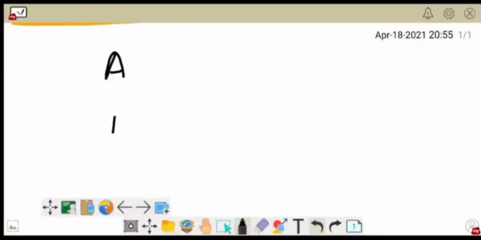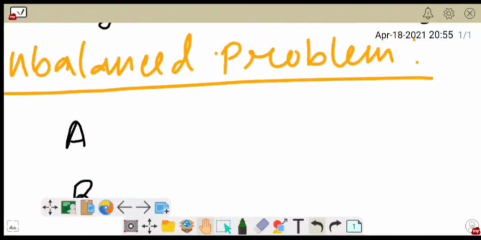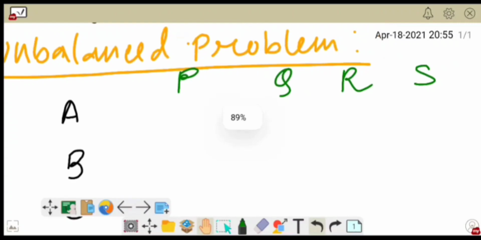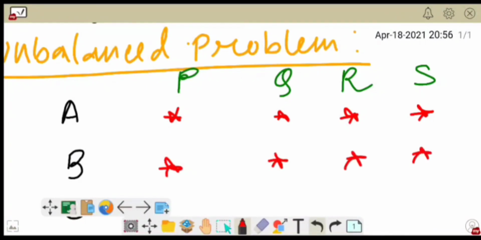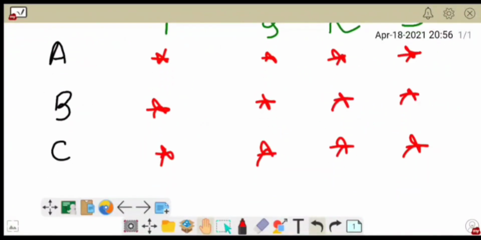I'm taking an example like that: A, B, C and P, Q, R, S, with the stars given here.